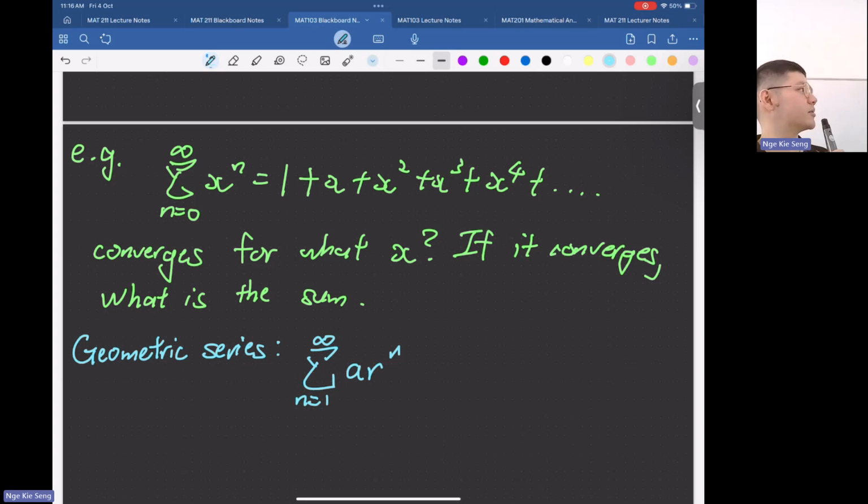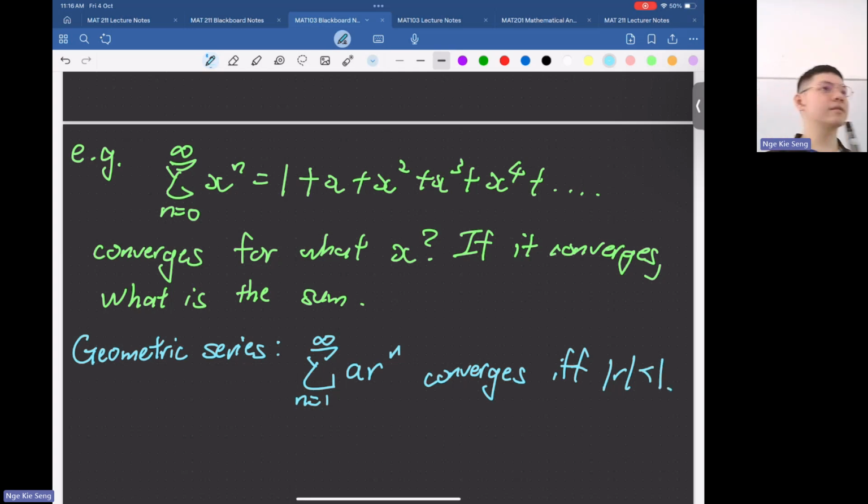Again, we write it out purposely. It converges if and only if the absolute value of r is less than 1. So the geometric series is more general than what we look at here. Can you see why it is more general? In our example, what is a?